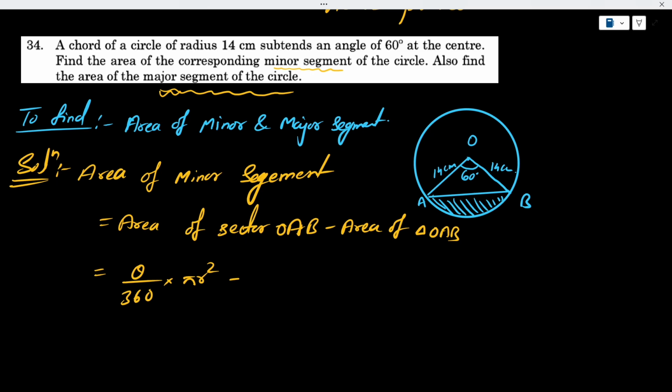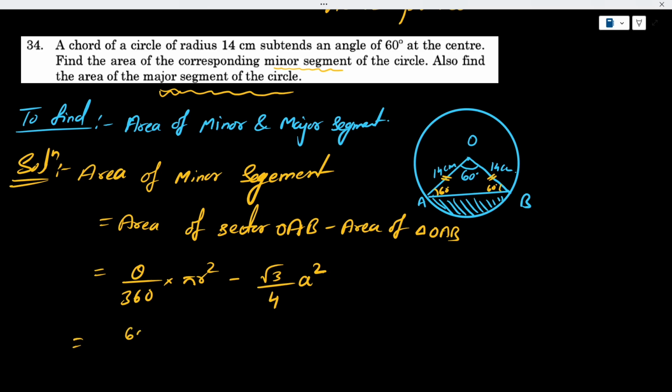Because this is an isosceles triangle, the base angle will also be 60 degrees, since angles opposite equal sides are equal. That means this is an equilateral triangle, so you can use the formula root 3 by 4 times a squared, where a is r in this case.